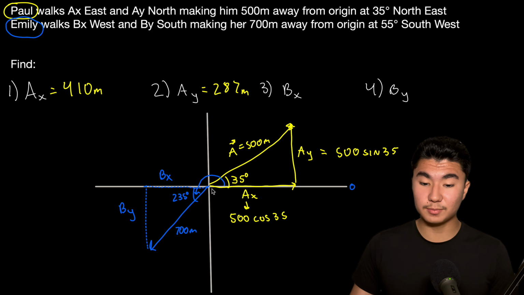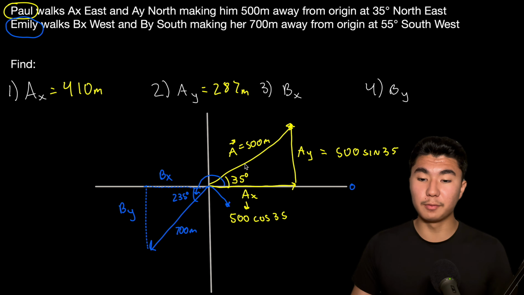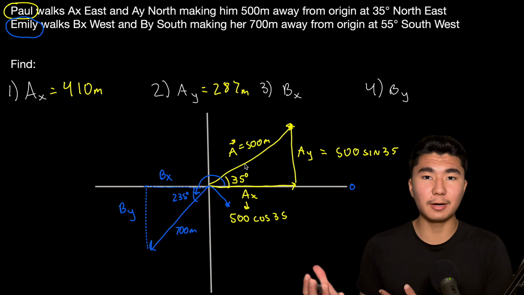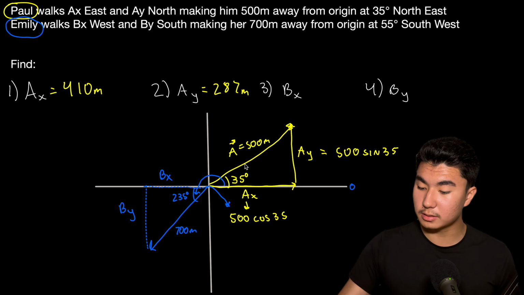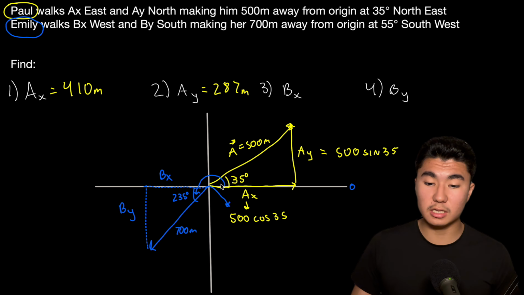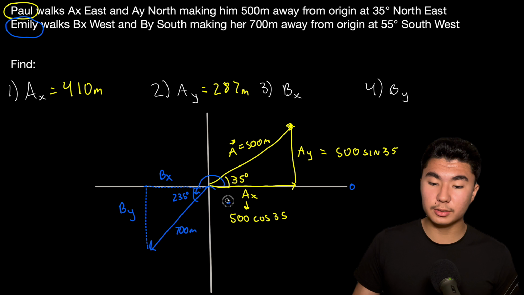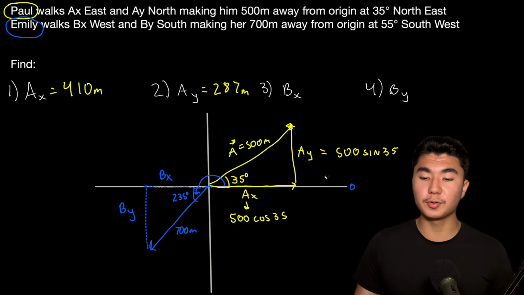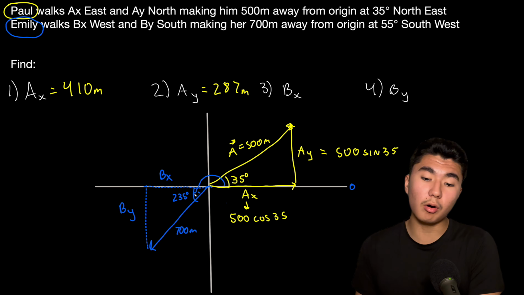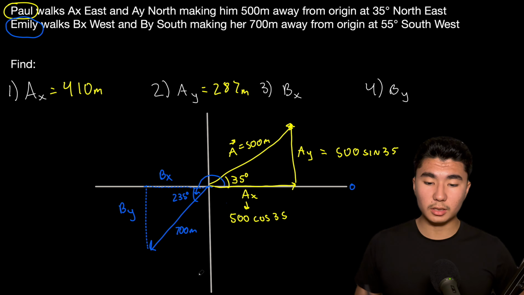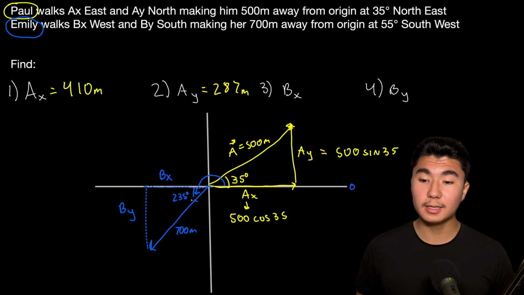If we had something like 45 degrees southeast, that still means we have to get 270 plus 45, which gets us 315. So always remember that when you're calculating, you have to correlate your degrees corresponding to that positive x-axis, starting from 0 all the way around. So our theta is actually 235 degrees.